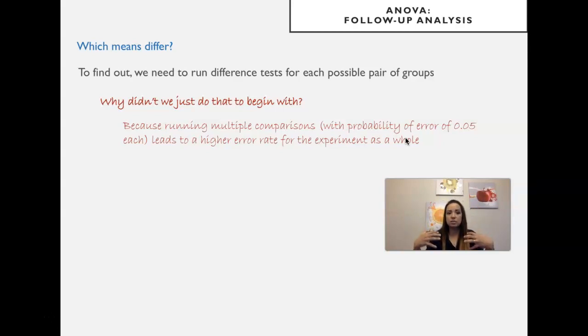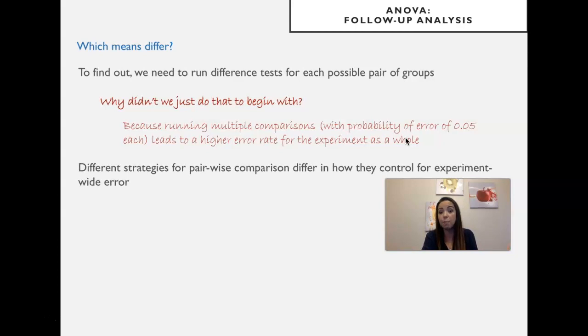Because the ANOVA tells us with one test only, and with 0.05 chance of error, whether at least two means are different. So this provides us with some confidence to then look and explore, because we already did our job at determining that at least two are different, so it makes sense to look.